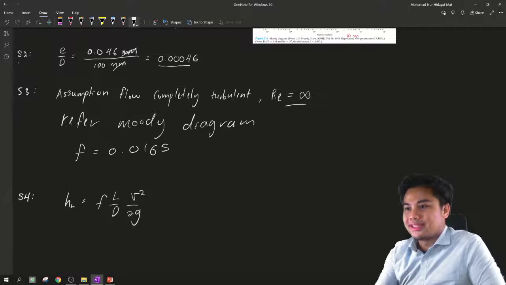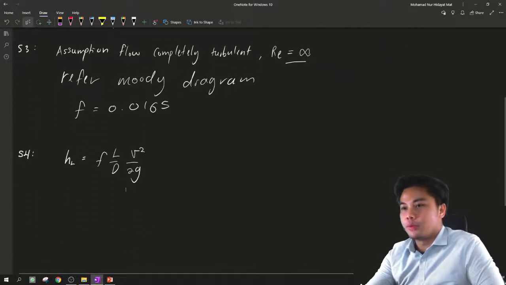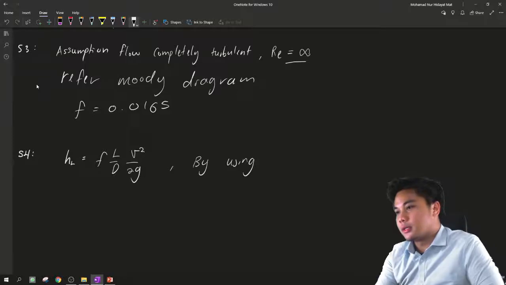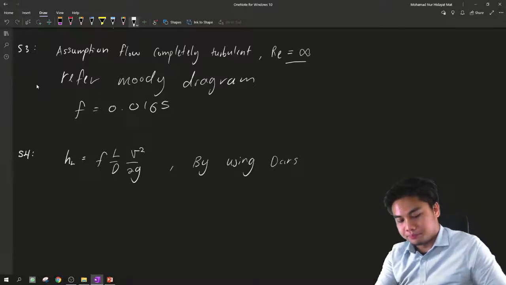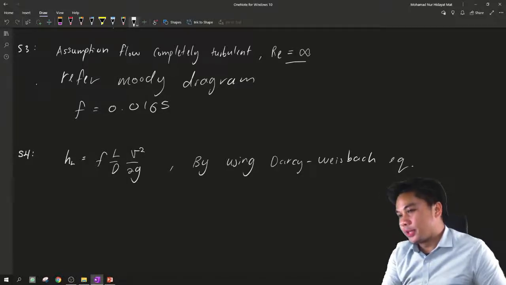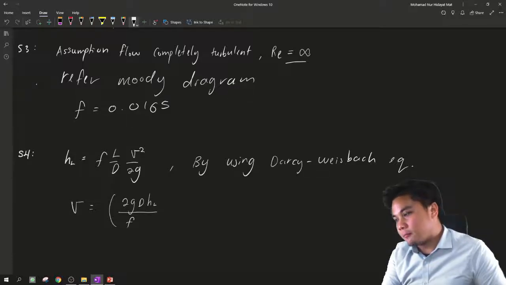Since the formula of heat loss requires the average velocity, by using a special formula, the Darcy-Weisbach equation, V equal to 2G D HL over FL, the power of 1 over 2.